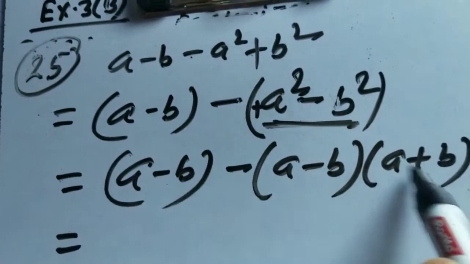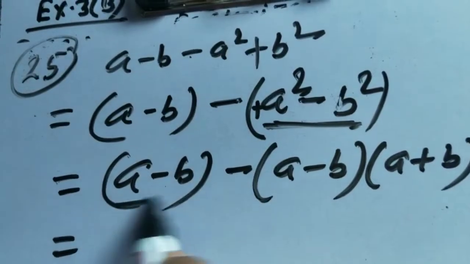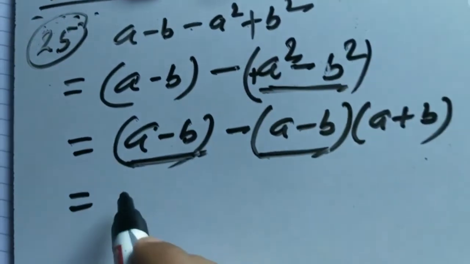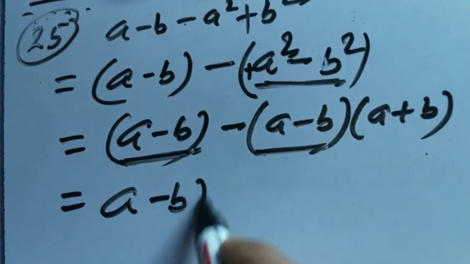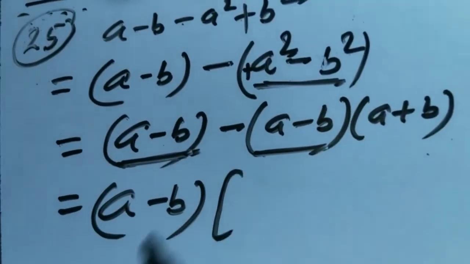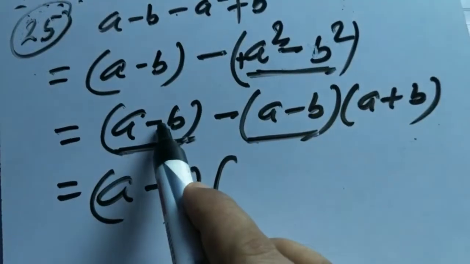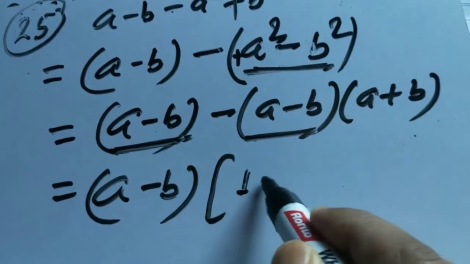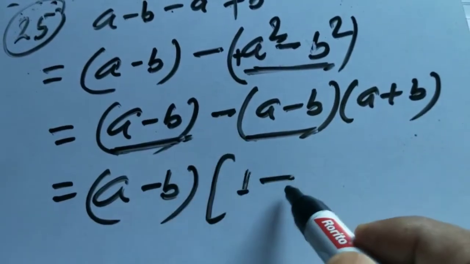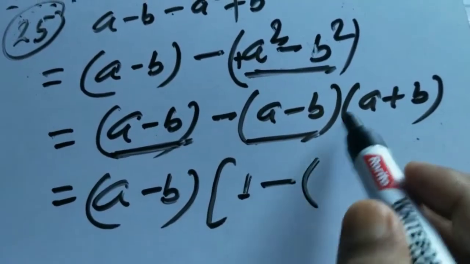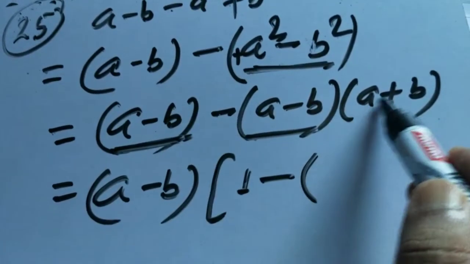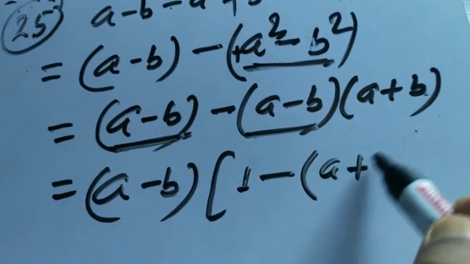Now two terms are here, and in these two terms a minus b is common. So take a minus b as common and put the bracket here. Now divide this term by a minus b. A minus b divided by a minus b will be equal to 1, and minus sign is there, so put minus sign, and a minus b will be cancelled by this a minus b, then a plus b will be left, so put a plus b.